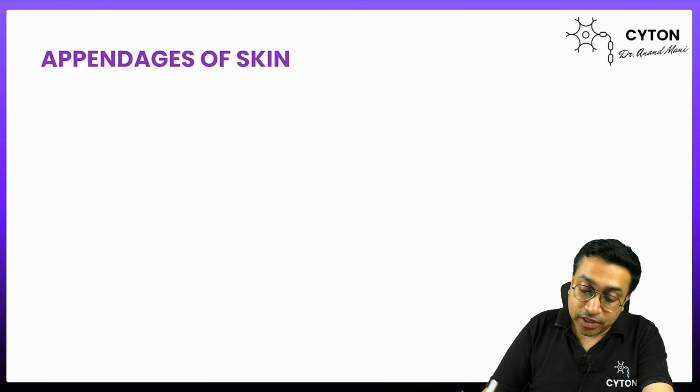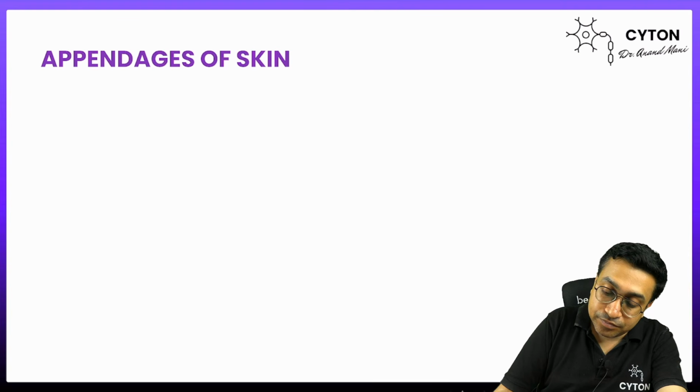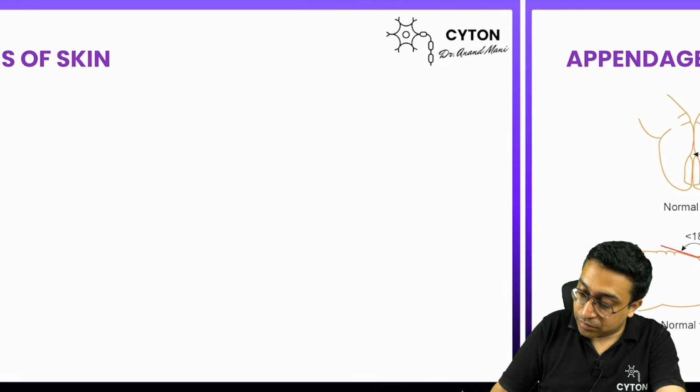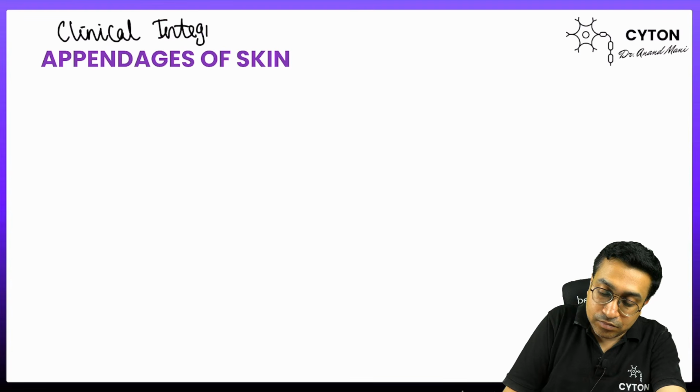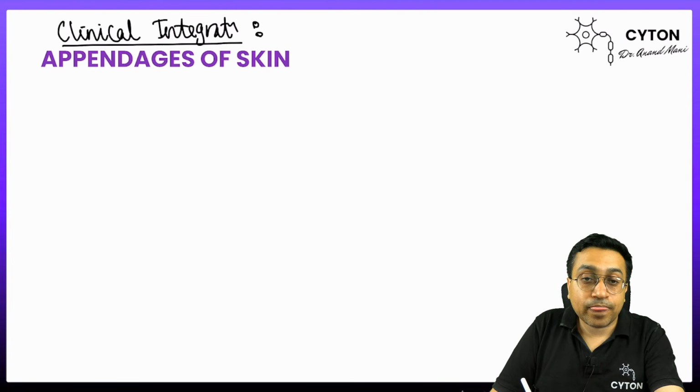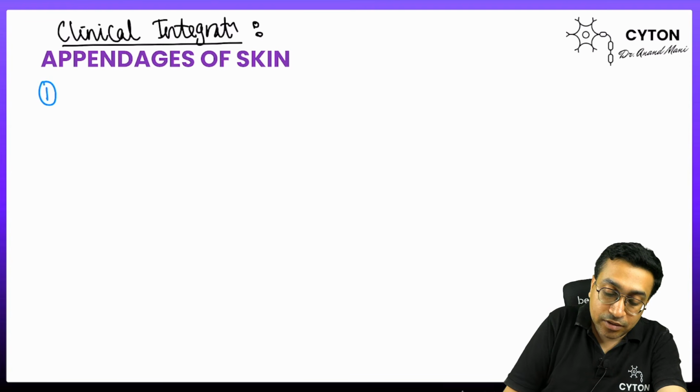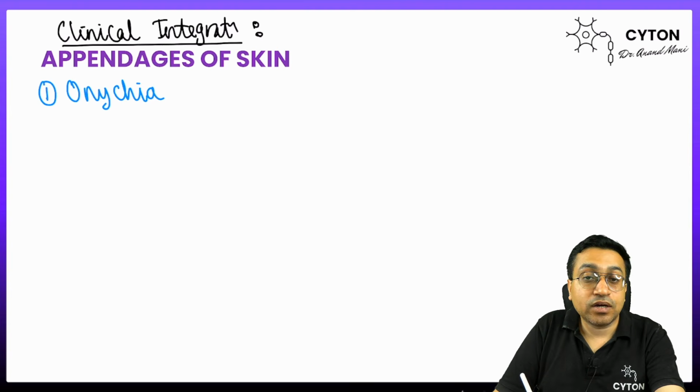So coming on to the clinical integration. Clinical integration, number 1 entity, onychia. What is onychia? Inflammation of the nail folds which results in pus formation and shedding of the nail.